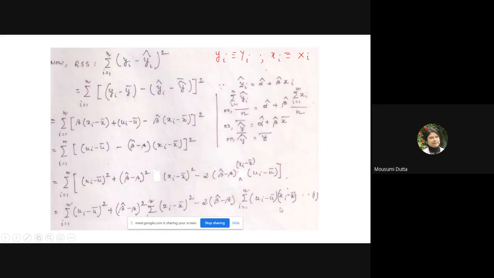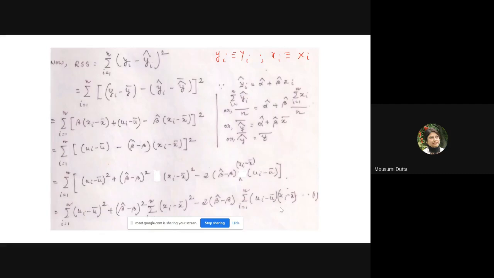Next step, I operate summation on each of the three terms. So the first term is summation ui minus u bar whole square. Second term, beta hat minus beta whole square into summation xi minus x bar whole square, minus 2 beta hat minus beta summation ui minus u bar into xi minus x bar. We are calling this equation number 1.